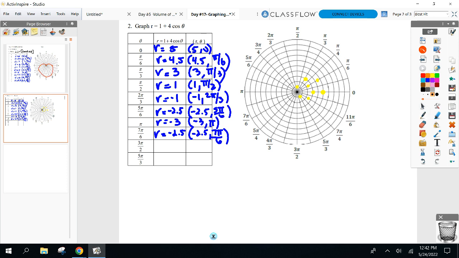And then why don't we just get nuts here? What do you got at 3 pi over 2? Yeah, 1. The positive 1. So on 3 pi over 2, go down 1. Oh boy. A lot of points here.